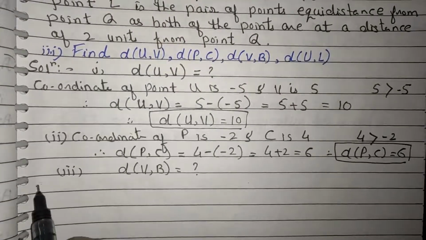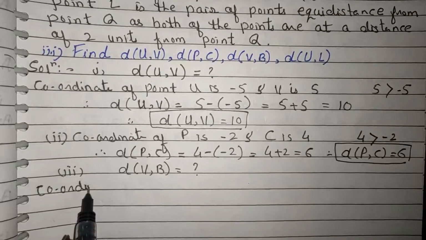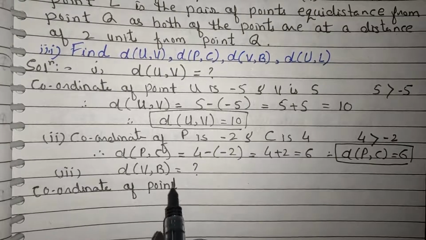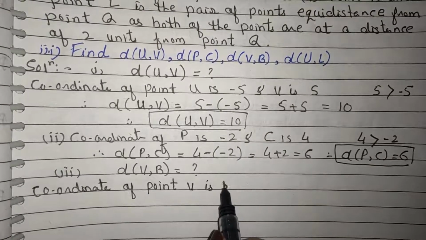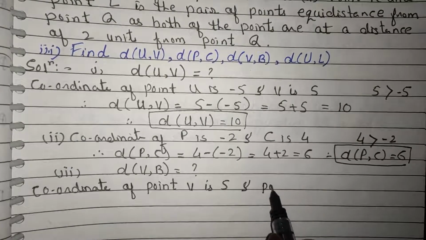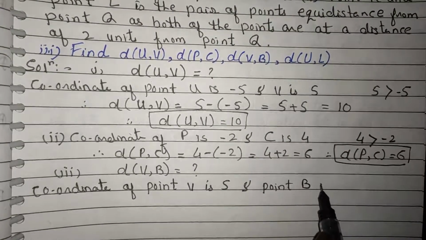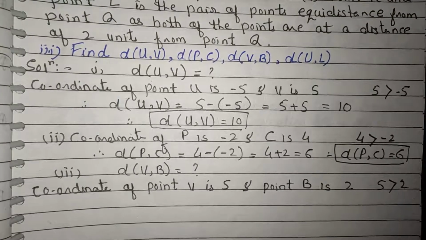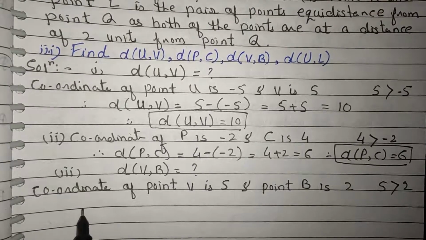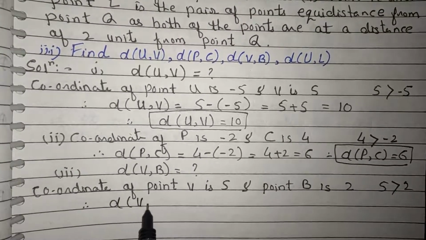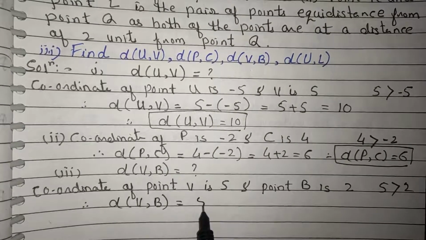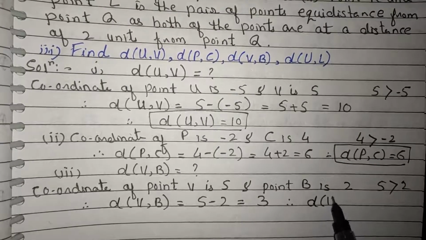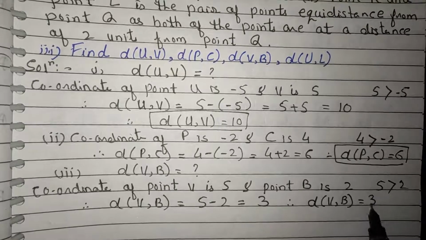Here 5 is greater than 2. Therefore, distance between points VB is equal to 5 minus 2, which is equal to 3. Therefore, distance between points VB is equal to 3.